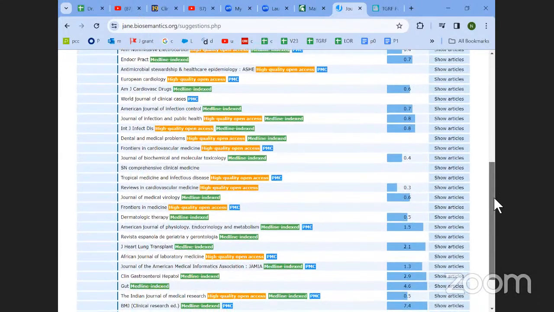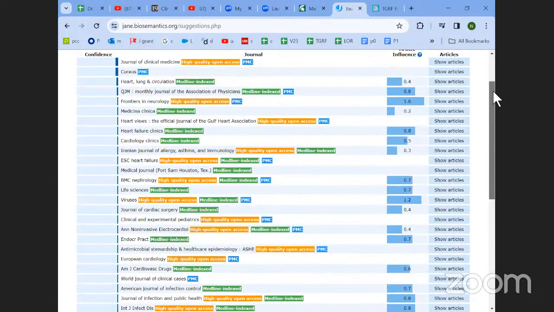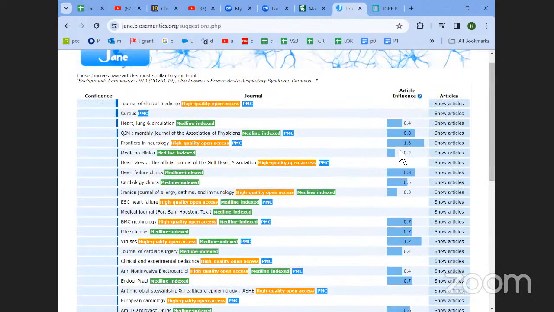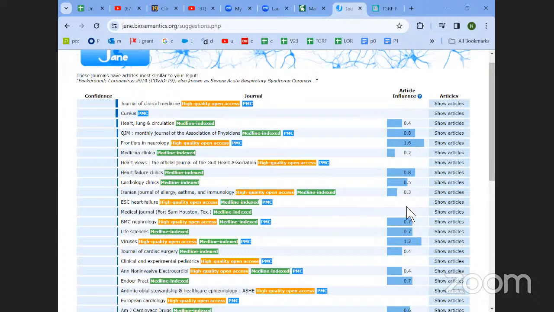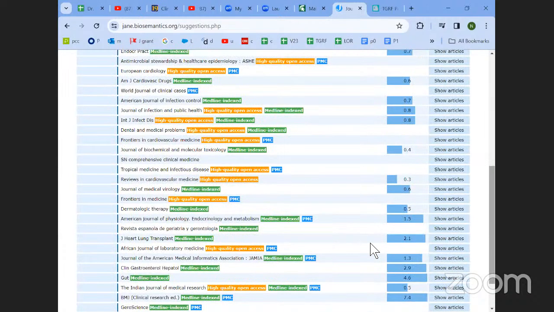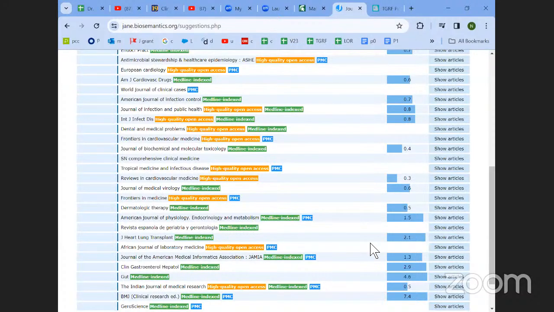If you feel that the quality of the paper you are presenting is a bit low, it's better to aim for a journal with an article influence of about 1 up to 1.2, or maybe 0.8. If you feel that the paper is bulletproof, an extremely good paper, then you should aim for a journal with a high impact factor, and they will usually ask you for a reviewer, and you can figure that out.